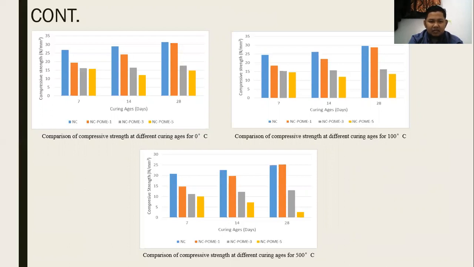From what I can see here, the addition of POME into the concrete makes the strength a little bit lower; for the 1%, we can see it reduced a little compared to the plain concrete. Also, as the temperature increases, the strength of the concrete reduces, as we can see at 500 degrees Celsius.